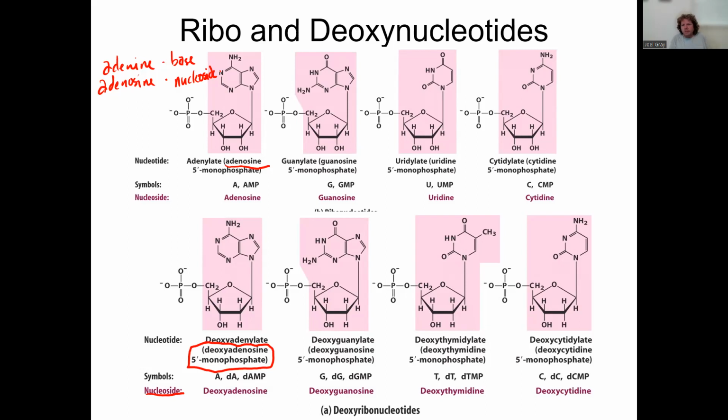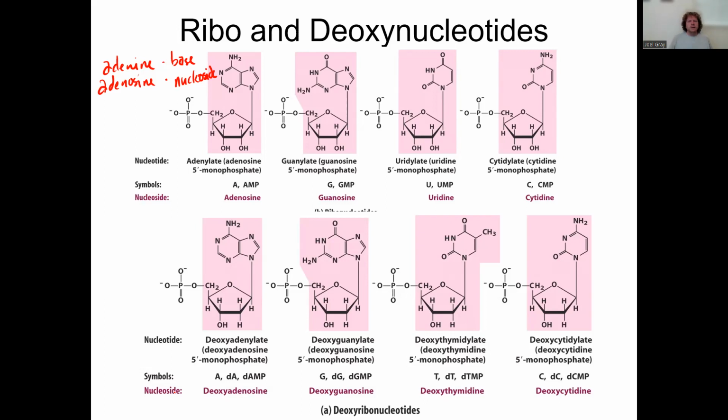These are all names that I expect you to be able to process: differentiating between a nucleoside and a nucleotide, knowing the differences between a deoxy sugar and a ribose sugar, and a nucleoside that has ribose or a nucleoside that has deoxyribose.